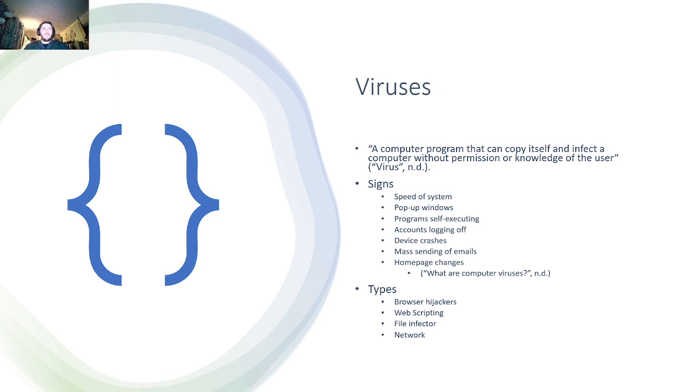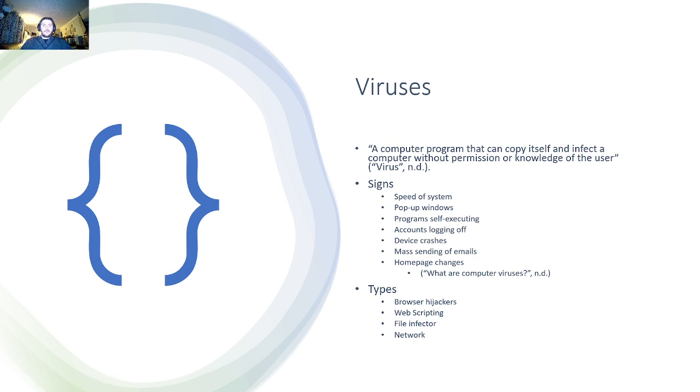If your programs start self-executing, popping up and running on their own, that's a big concern. If your accounts keep getting logged off, your device keeps crashing, you send out emails that you never sent, or you have a random homepage that changes, those are things you can see and immediately contact the IT department. We can try to take care of that.